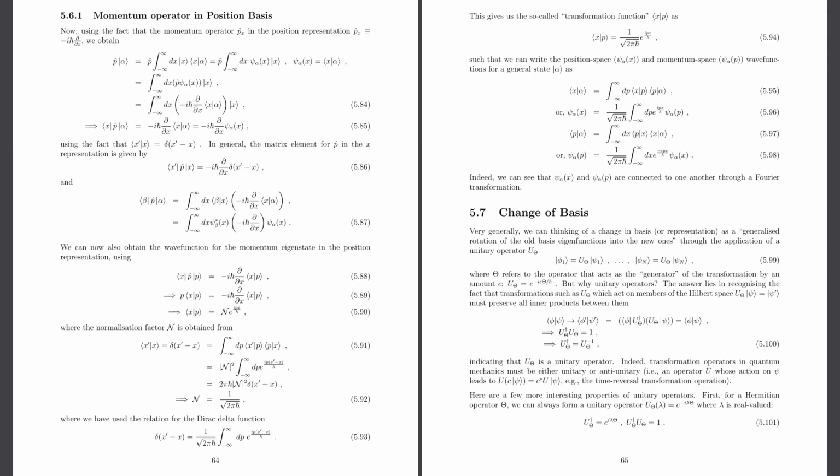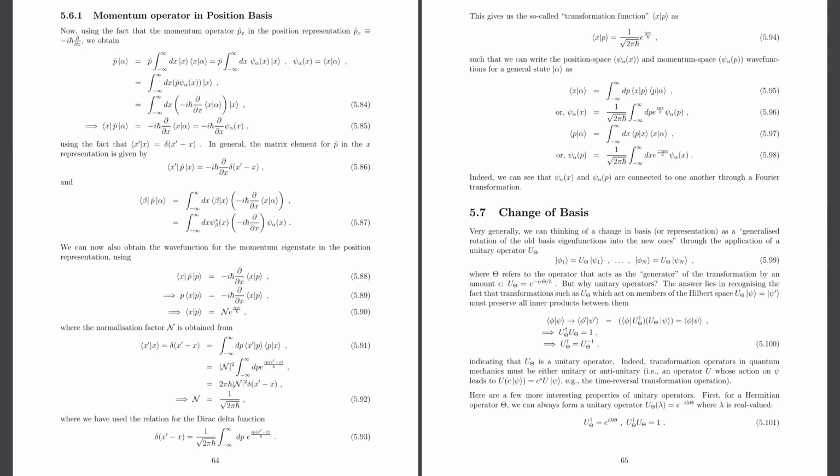So what we'll begin with is to ask ourselves, if I give you the momentum operator in the position representation, that is something you're familiar with from your first course, that the momentum operator is related to the differential. Good. Now if we use this, and let's say we act on some general state alpha.